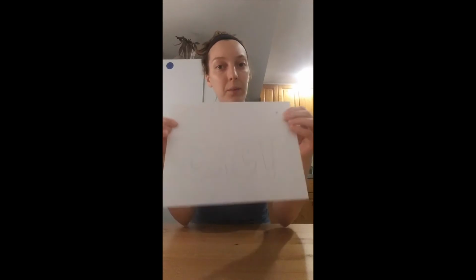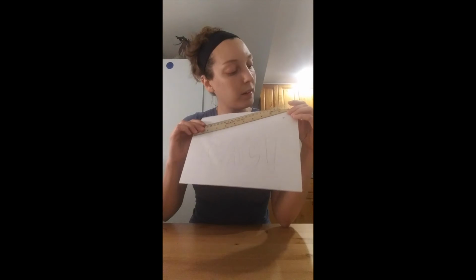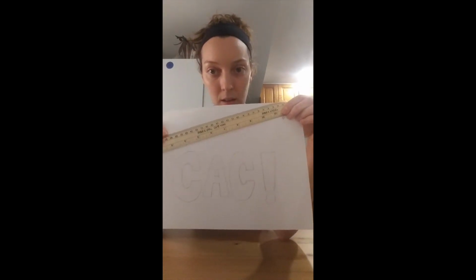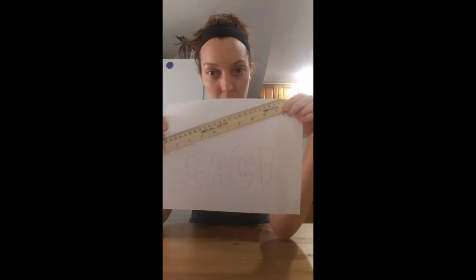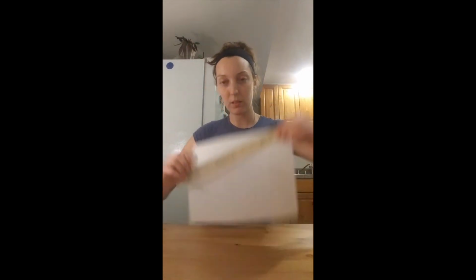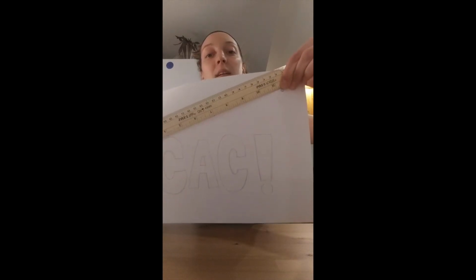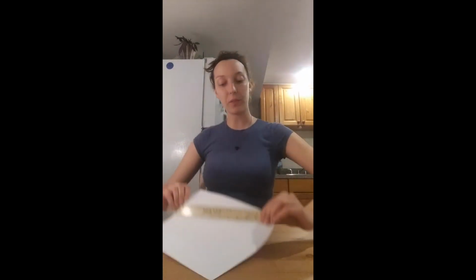All right, so from here, you're gonna take your straight edge or that ruler, and you're gonna line up from that point that you made here all the way to the start of one of your letters. Okay, so I don't know if you can see that ruler is just matching up with that edge of the C, but it's still on that point that I made over there.